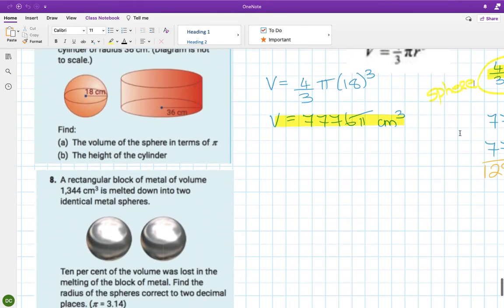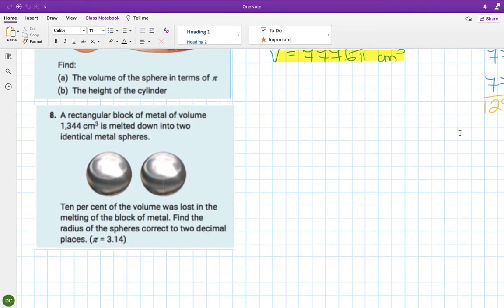Okay, and then question 8. A rectangular block of metal of volume 1344 centimeters cubed is melted down into 2 identical metal spheres. 10% of the volume was lost in the melting. Okay, so hang on.